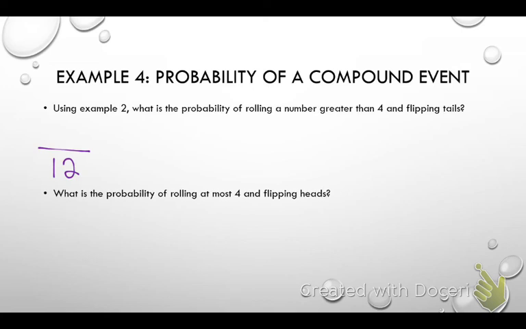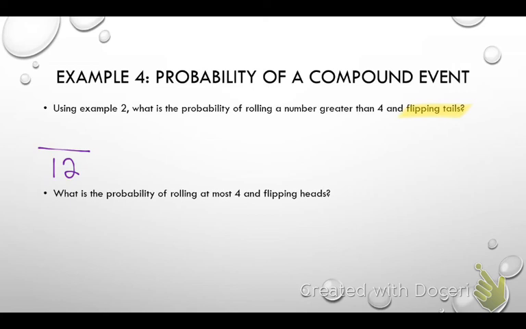Now I have to go back and ask myself, how many numbers are greater than 4 on the number cube? 2 numbers, a 5 and a 6. So at this point, there are 4 possibilities: a 5 heads and a 5 tails, a 6 heads and a 6 tails. But then, there are only how many possibilities? There would be a 5 or a 6 and tails. How many does that narrow it down to? Only 2.